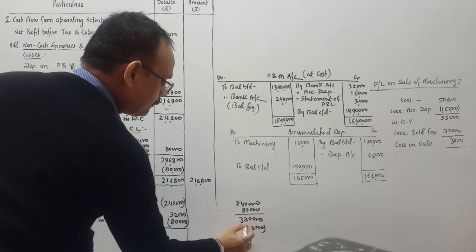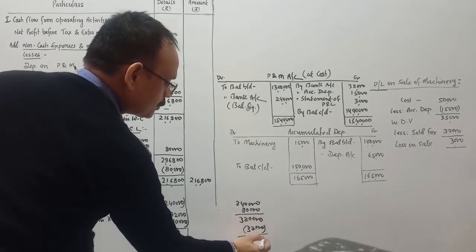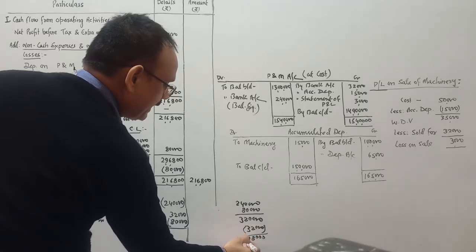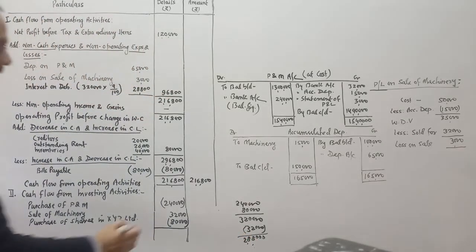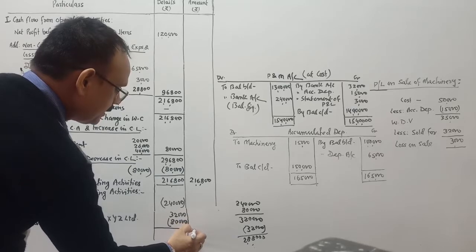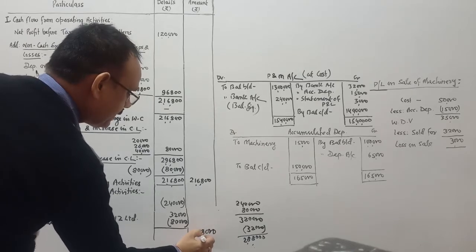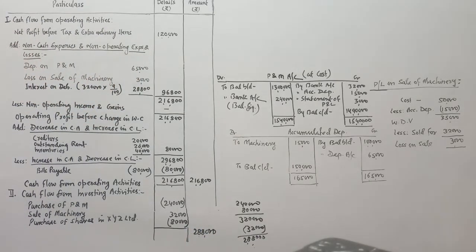So deduct the inflow from the outflow. The net figure is 2,88,000. So 2,88,000 is the cash flow from investing activities.